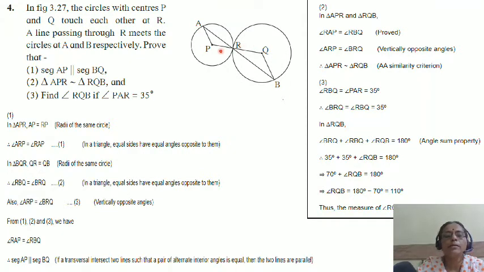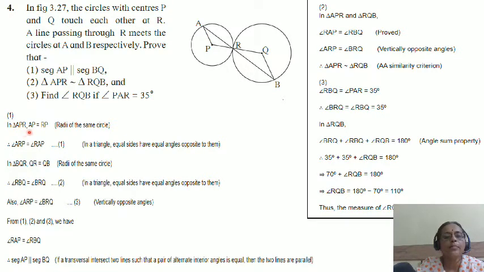Triangle APR is similar to triangle RQB. And third thing you have to find out: if angle PAR is 35 degrees, angle A is 35 degrees, find angle RQB. So these are the things which you have to prove over here.